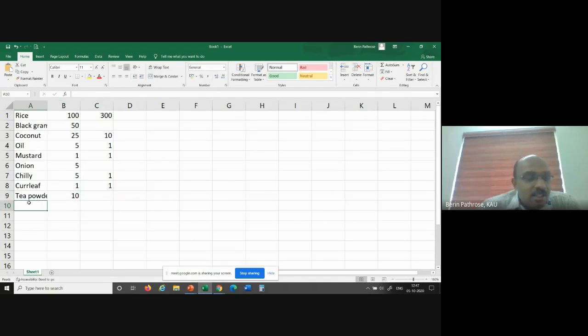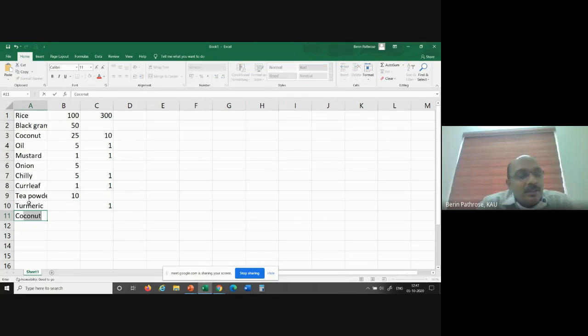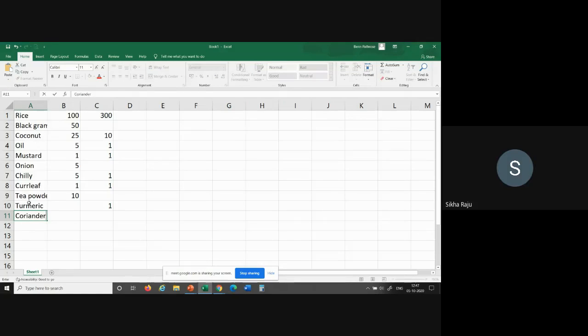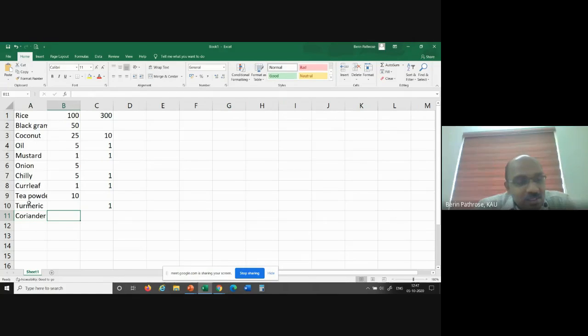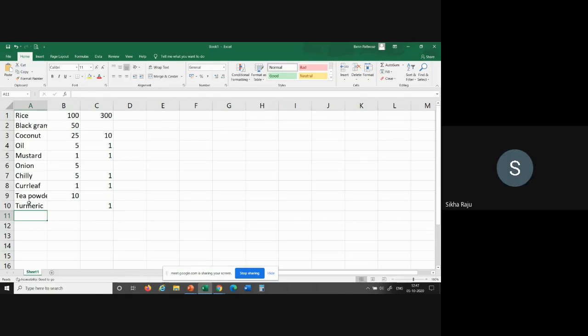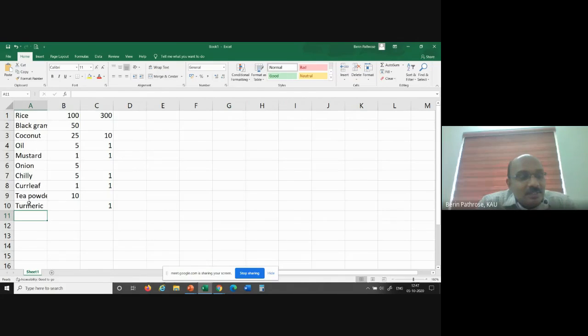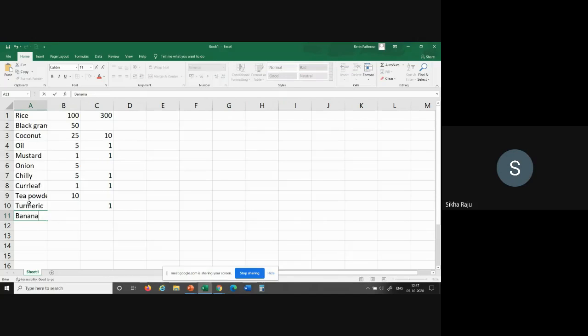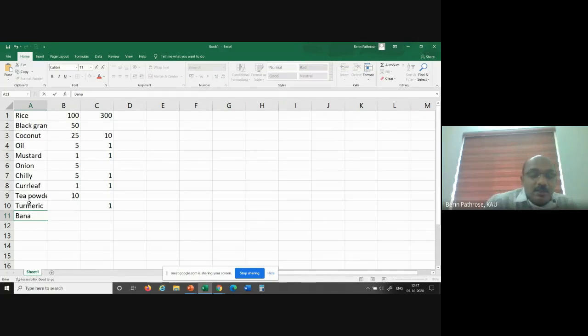Is it turmeric? Yes, again 1. Then coriander leaf? Then banana, oh, it's ash gourd melon. That can be 25 gram. Okay.